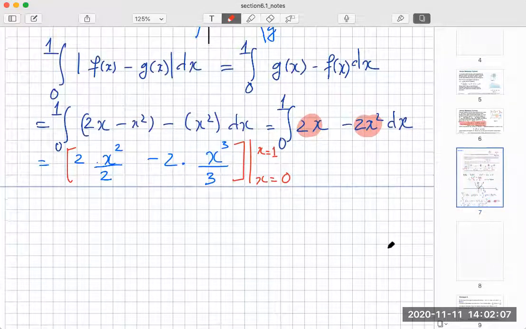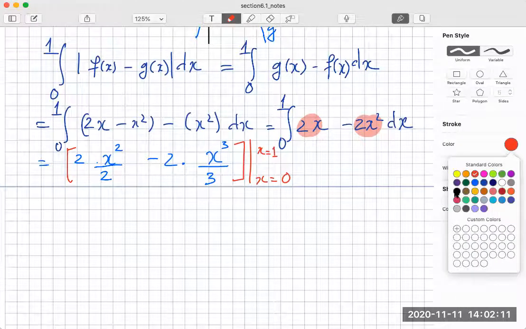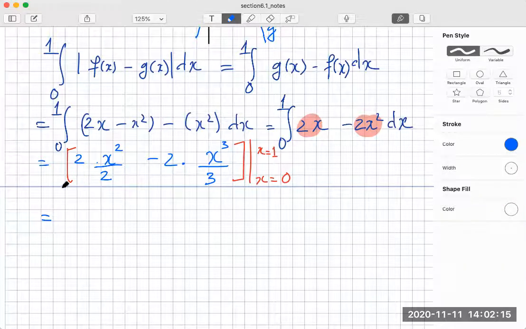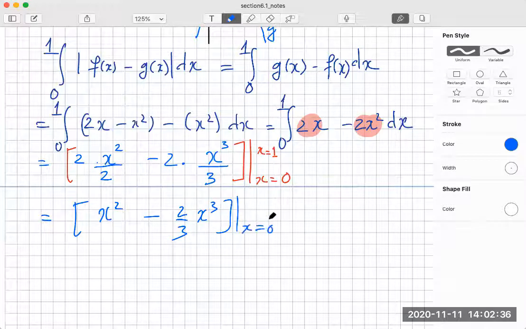So what do we have here? Vikram, help me. Or let us simplify it first, right? 2 cancel with 2 give us x squared. Very good. From x is equal to 0 to 1.